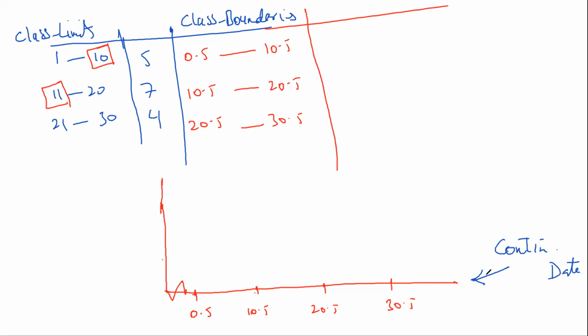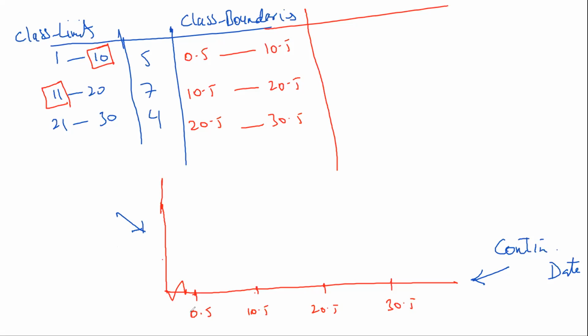If you have discrete data, you convert it into continuous data and then mark it over here. Now, the vertical axis. How do we determine what information has to be shown on the vertical axis?